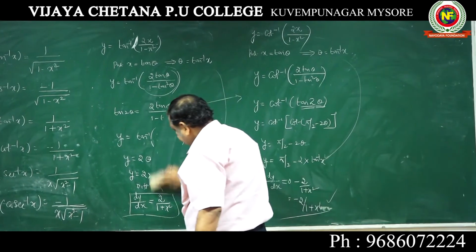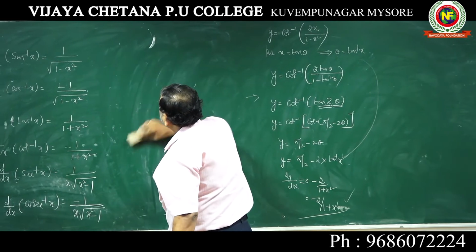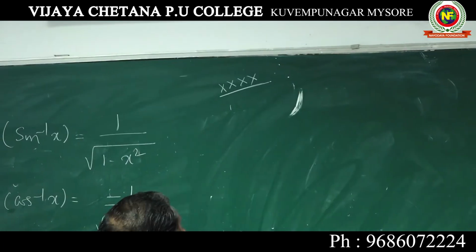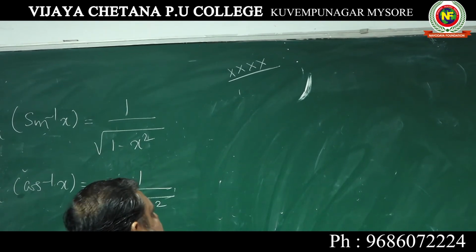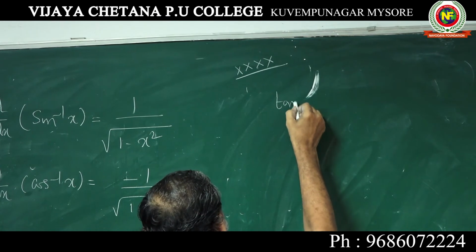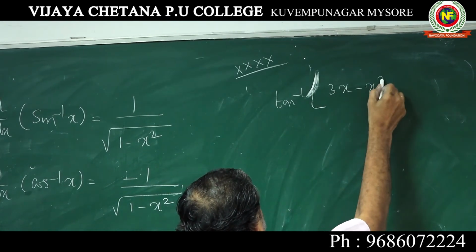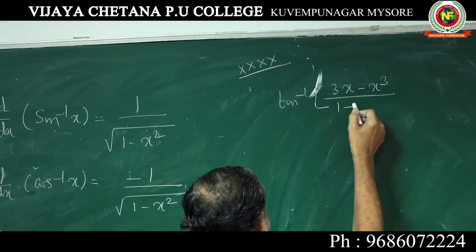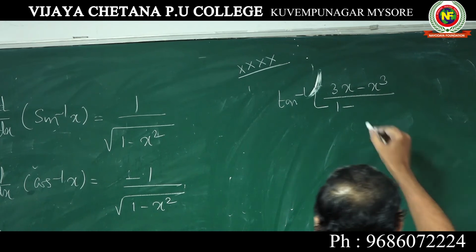Now take this. Important, and this year also they have given it for examination. This question they have asked this year. Differentiate tan inverse of 3x minus x cube by 1 minus 3x square.